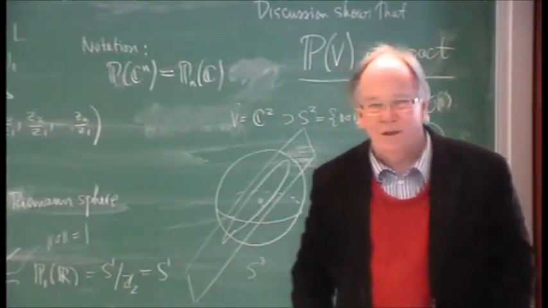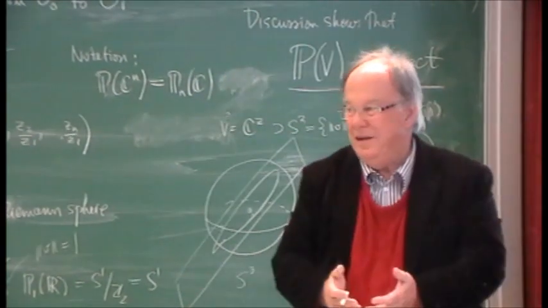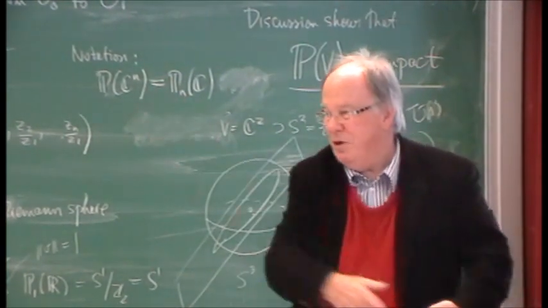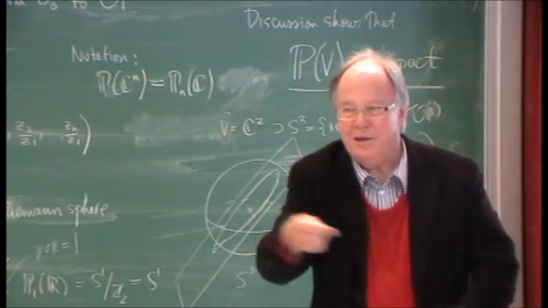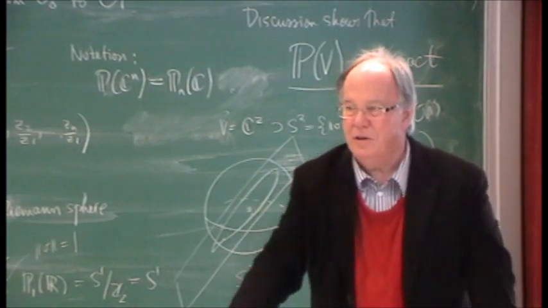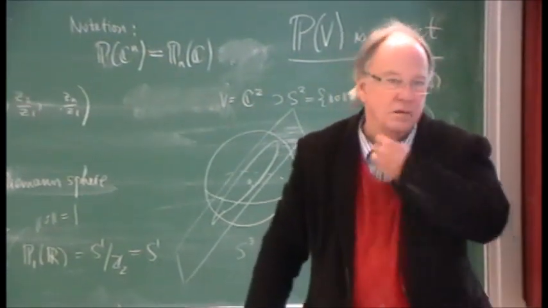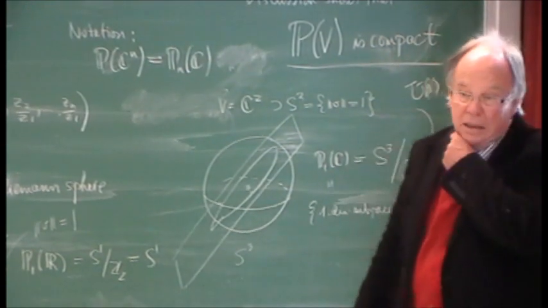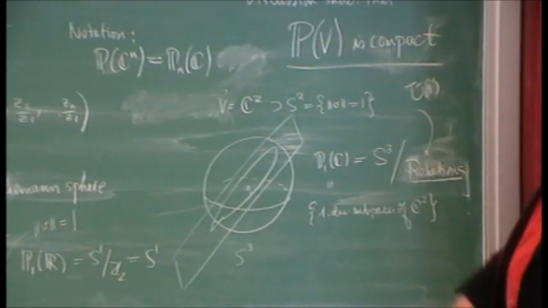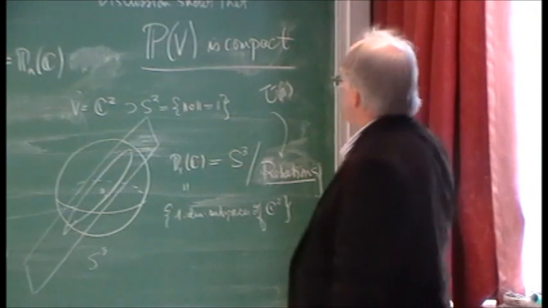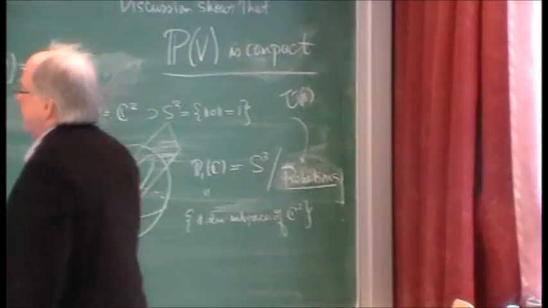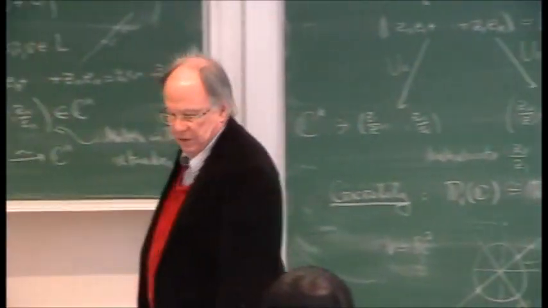Why? It's the same thing. You just have the big sphere, and you have the one-dimensional subspaces, and they intersect in a circle, so it's the big sphere modulo this rotation action. Well, that's compact. You can also check it directly with the topology. So those are the projective spaces.